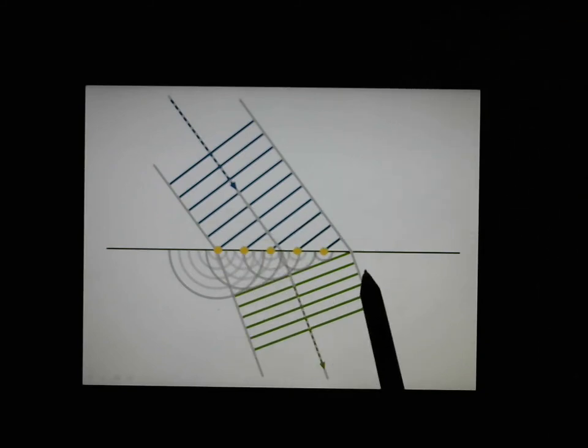Now, we've only drawn 5 points on here, but every single part of this would be doing the circular wavelets, but if we drew them all, you wouldn't be able to see anything. So we've only got 5 points there, so it's not that it can only happen a certain distance apart. The distance is just there to help you see it.